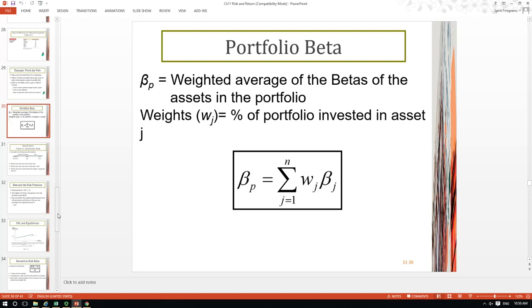And when we say risk here, it's no longer total risk, because we know if we have a well-diversified portfolio, unsystematic risk can be diversified away. And the only thing that we need to worry about is market risk, which can be measured by beta. And the portfolio beta here equals the weighted average of betas for individual assets in your portfolio.